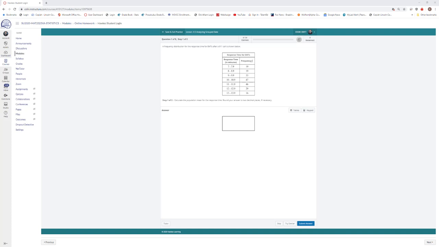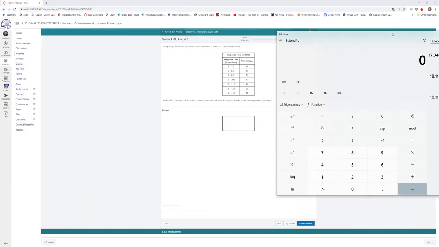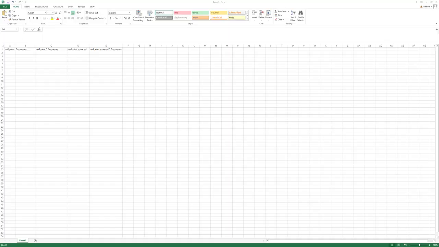You need to find the midpoint for each class. To do that, you just add the lower limit and the upper limit, and then divide by 2. Alright, and so 7.45, I'm going to put that in my first midpoint column here.